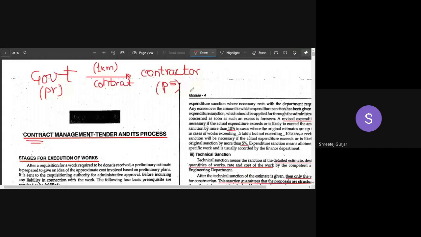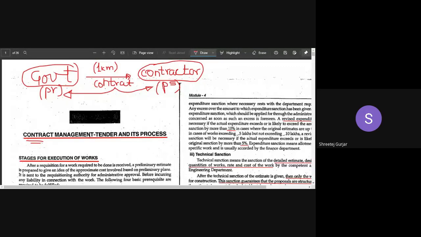So in a contract, we have a promisor, we have a promisee, and we have a promise, or what we call an agreement. The promise or the proposal becomes an agreement after it is accepted by both of them, right? It is accepted by the government and by the contractor that this particular road will be built to these particular specifications, using these particular rates of materials, and within this stipulated time.